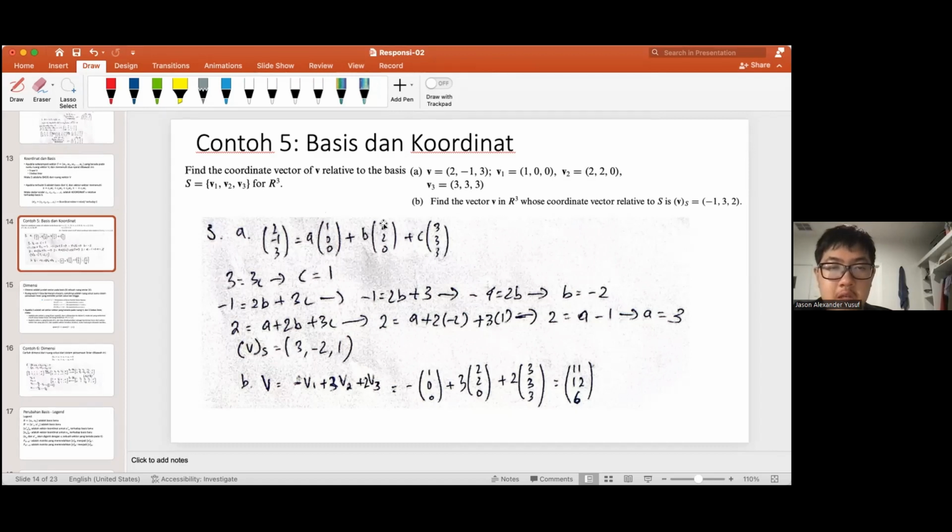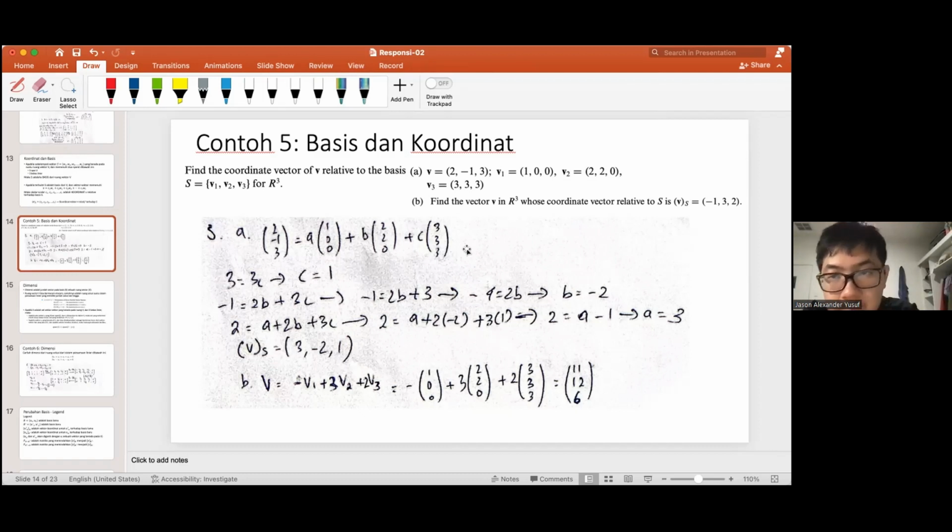Then we try to find the constants A, B, C. And if we already have A, B, C, we will get the VS. And guys, if you don't mind, this one I just use a very simple method of determining it. If you get a much more complex system than this, try not to use this method, okay? Just use the regular Gauss-Jordan elimination until you get A, B, C. Okay, so this is VS.